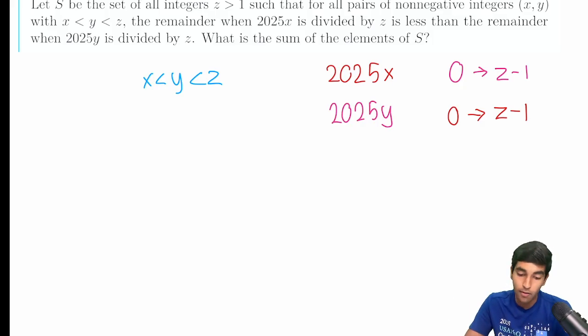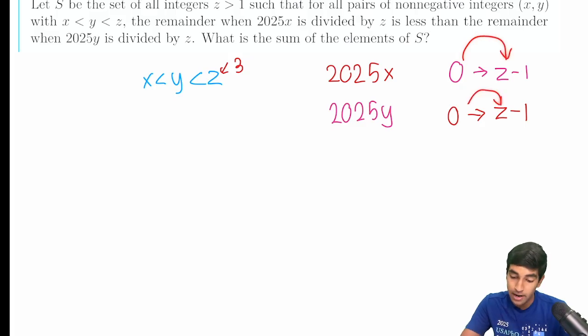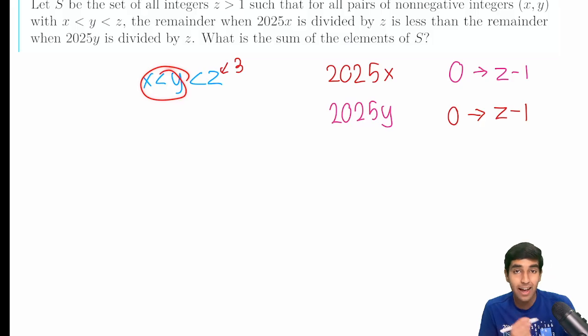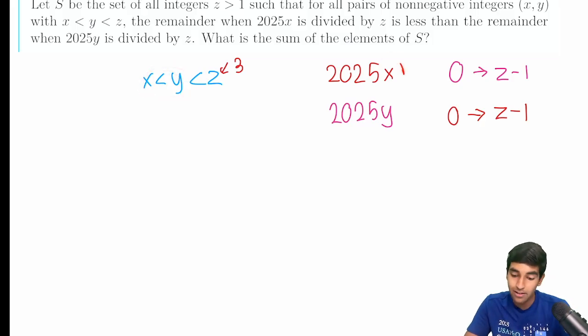And basically all this is saying is that we pick a value of z greater than 1. Let's just say we pick 3, right? So from 0 to 2, these remainders of 2025x and 2025y divided by 3, for all non-negative x less than y, where x and y are less than 3. So maybe 0 and 2, or maybe 1, 2, or 0, 1, that's all the cases there are.